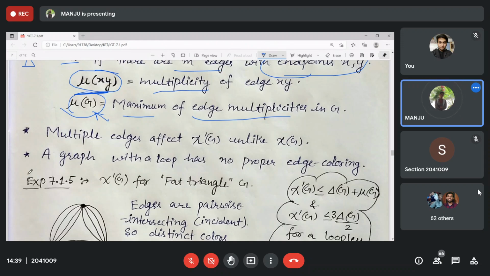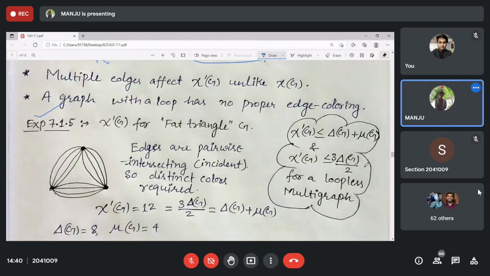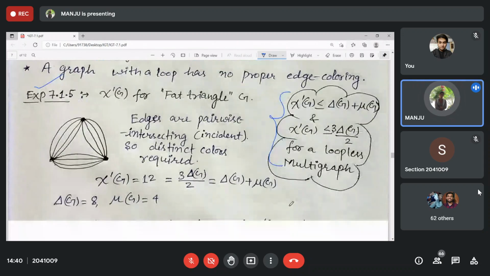Some example for which we have chromatic index. We have done this. Chromatic index is at least your maximum degree, right? And for a simple graph, it was at most delta plus 1, right? And for other graphs, it can have delta plus mu.